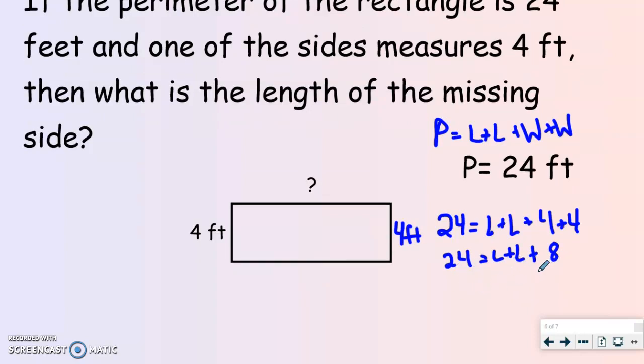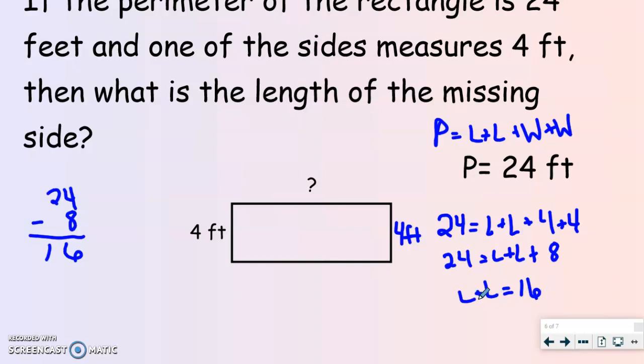So in other words, let me see what the difference is between 24 and 8. So 24 minus 8 is going to leave me with 16. And so that means that L plus L, or these two sides together, have to equal 16 feet.